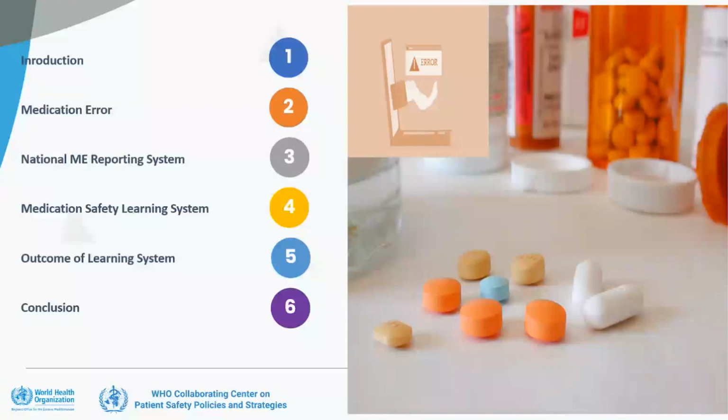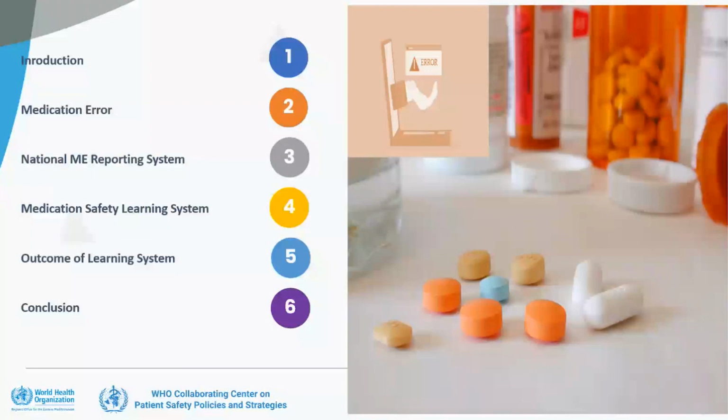And also we'll discuss the medication error learning system, what's the basic element of medication safety or medication error education and training. Then we'll discuss broadly the outcome of impact and clinical outcome as a learning system of the medication safety implementation in Saudi.